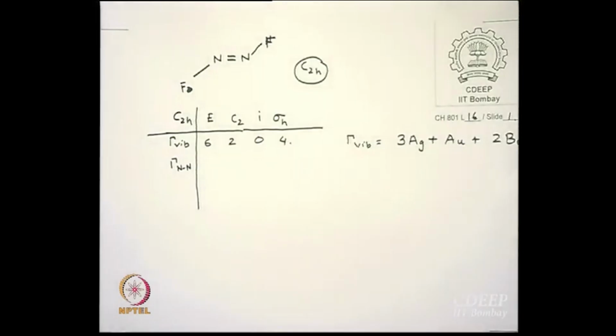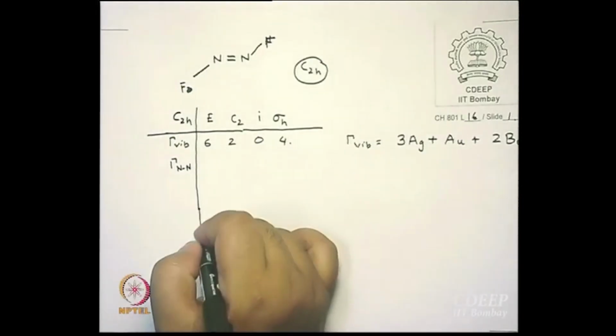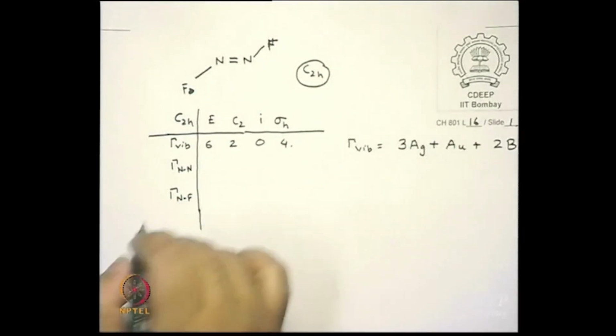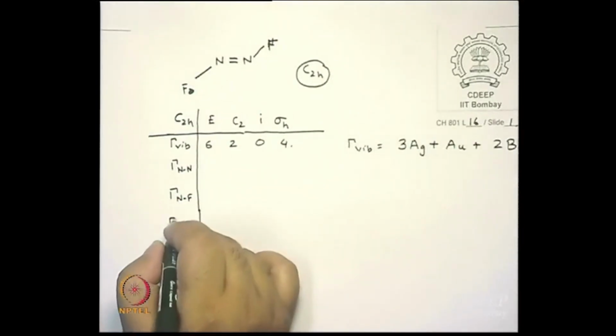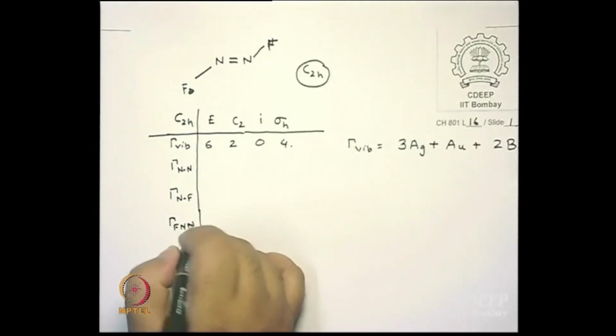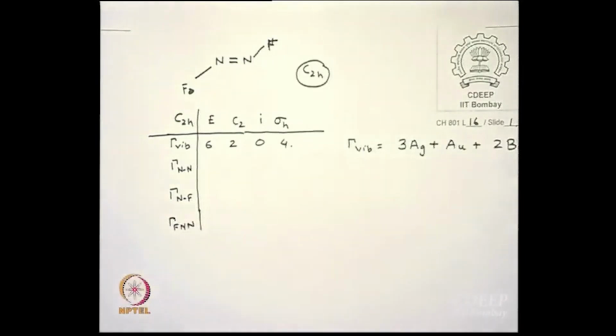We can take it separately. Gamma NN is one. The second one was gamma NF, the NF stretch, and the third one was the angles FNN or NNF, I don't remember what I wrote that time. Let us try to construct the irreducible representation, at least in one case, with this.